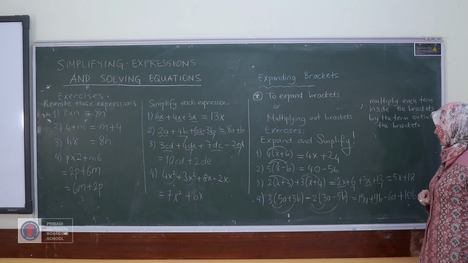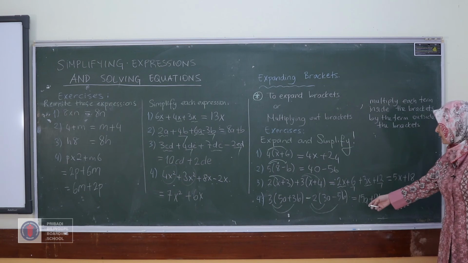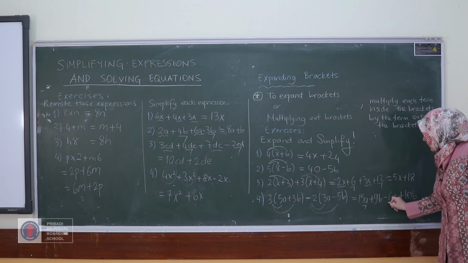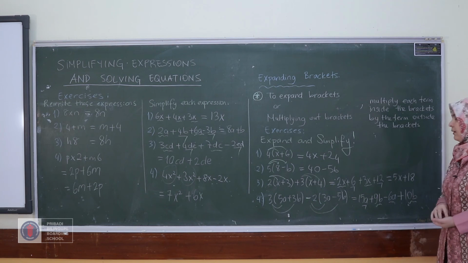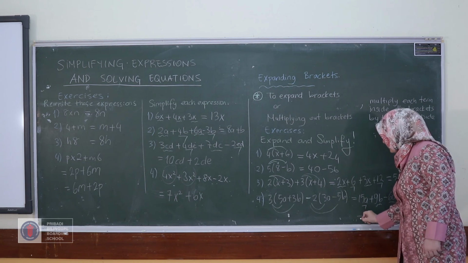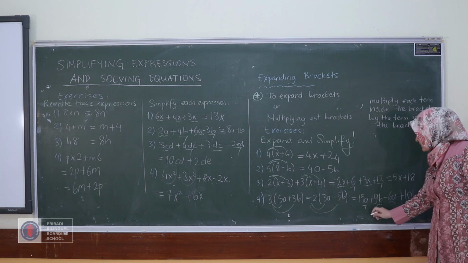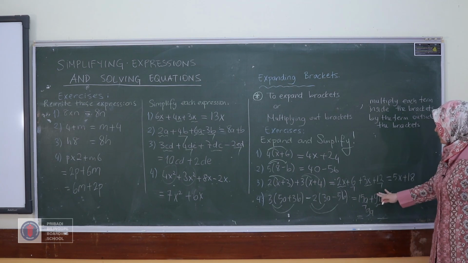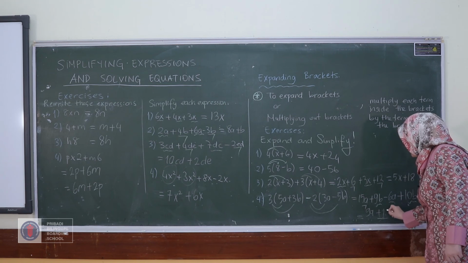Let's check, are there any like terms here? What do you think about that one? This includes a and includes a. And the next one, includes b, includes b. So still, we can simplify this one. 15a minus 6a is 9a. 9b plus 10b is 19b.